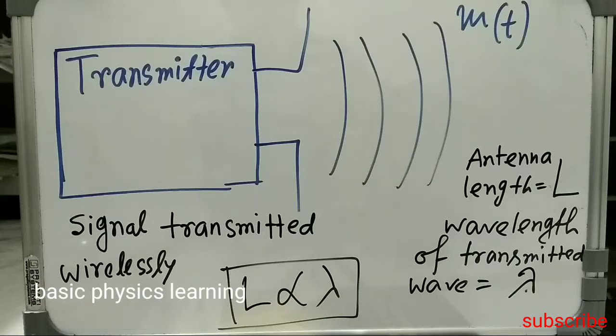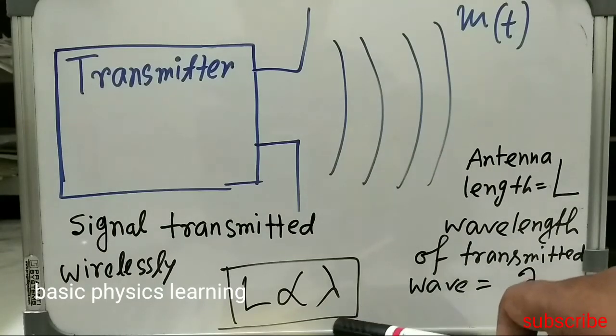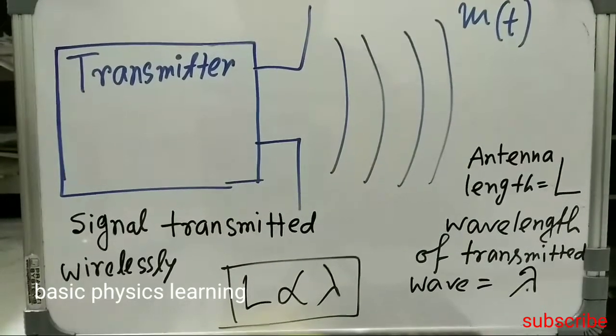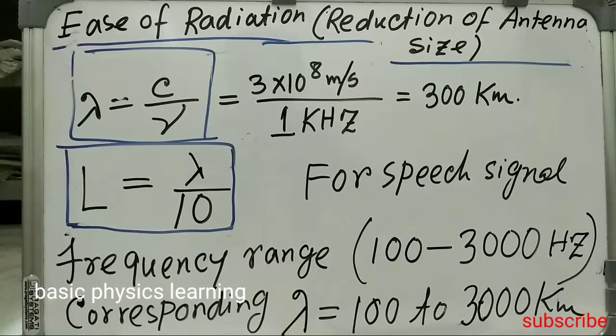If the signal is transmitted wirelessly, where the message signal is m(t), the antenna length L and the wavelength of the transmitted wave lambda are related through L proportional to lambda. As we know, the frequency and the wavelength are related through lambda equal to c by nu, where nu is the frequency. For a 1 kHz message signal, the wavelength will be 300 km.